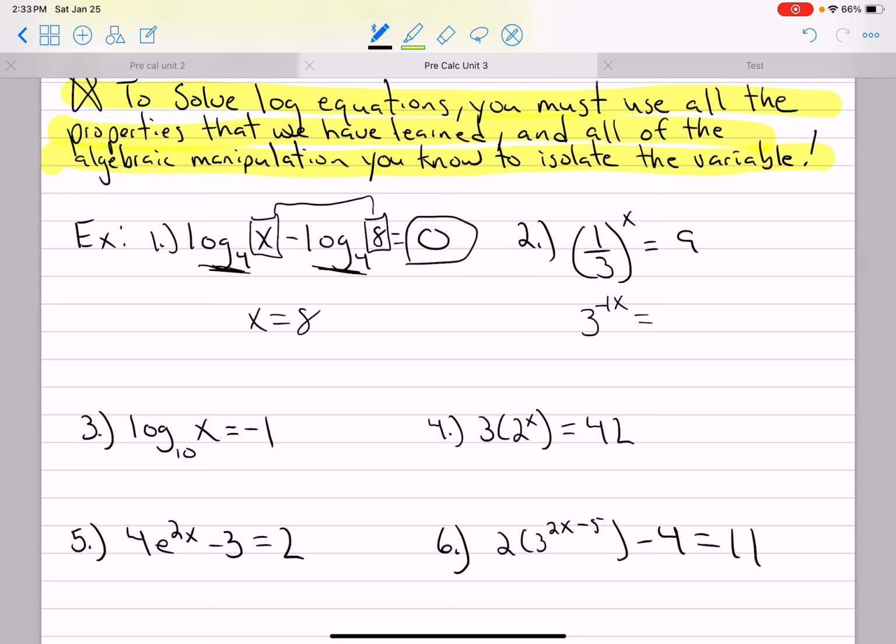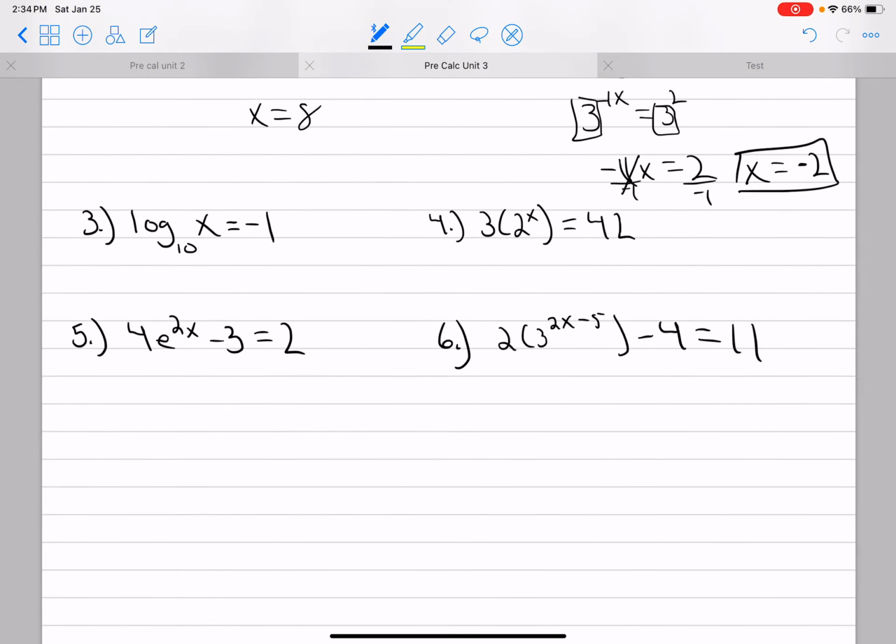But I'm thinking, ooh, 9, that's like 3 squared. So now, once I have the same base, that means that negative 1 times x has to be the same as 2. They have to end up being the same. So divide by negative 1, divide by negative 1, x equals negative 2. Boom, bam, bow. All right, let's keep it moving.